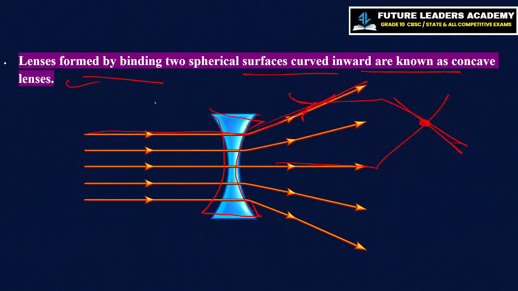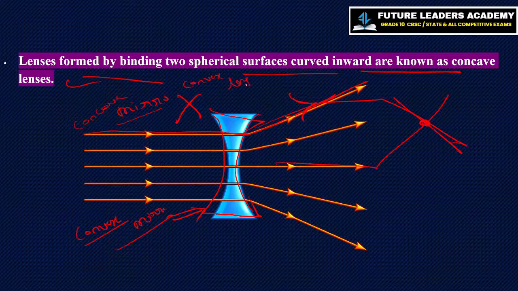So that's why concave mirror and concave lens are opposite, and convex mirror and convex lens are opposite too. Concave lens will diverge and concave mirror will converge. And convex lens will converge and convex mirror will diverge. Understood? Don't confuse, try to understand clearly.